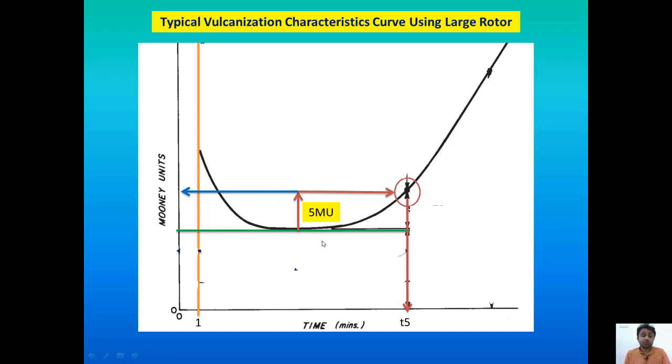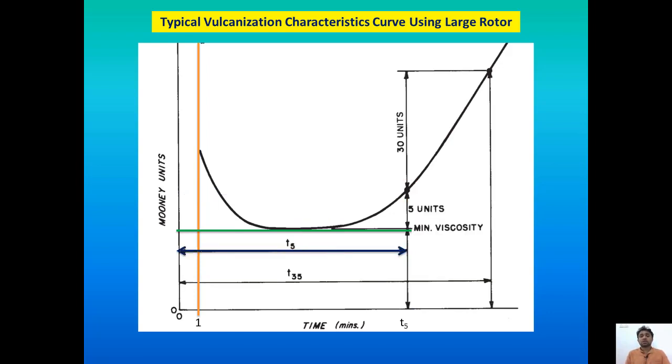So what's next? The cure time, vulcanization time, complete vulcanization. We know this is T5. We know the minimum. Now we have to count 35 Mooney units from the minimum here upward.